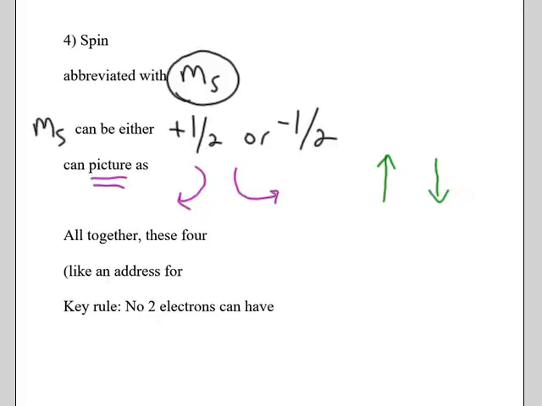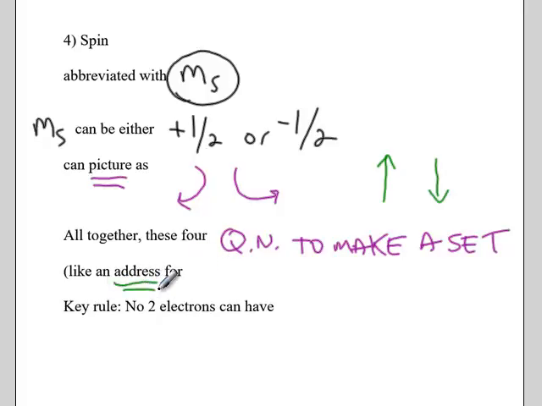We're going to take all 4 of those quantum numbers and put them together to make one set. And that set is similar to an address for each electron in an atom.